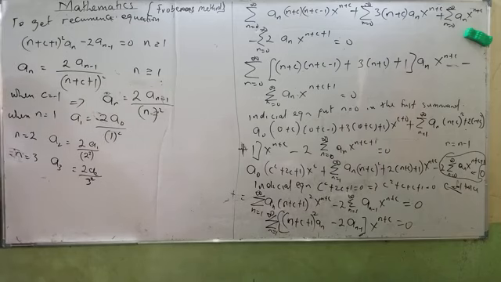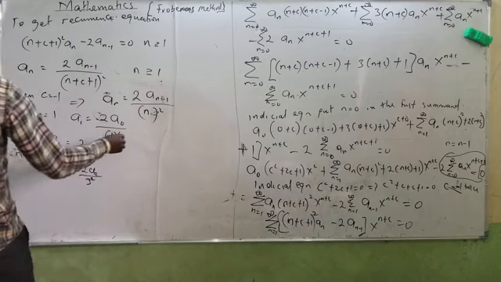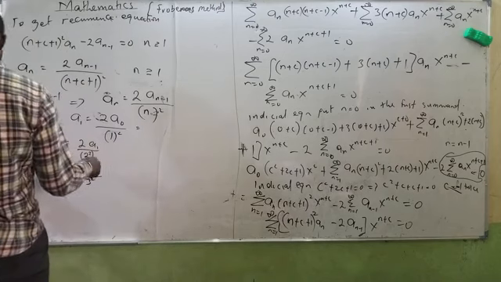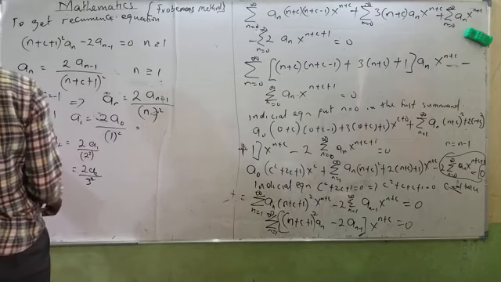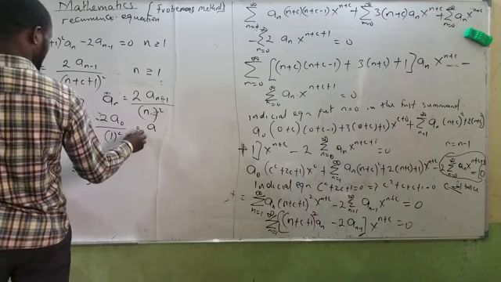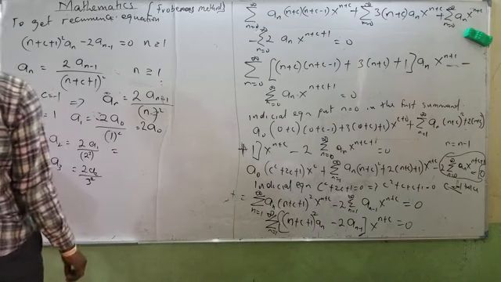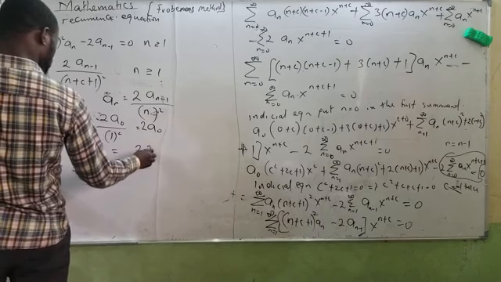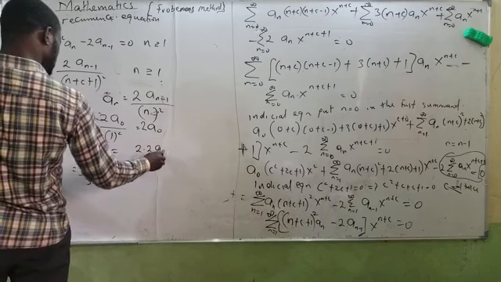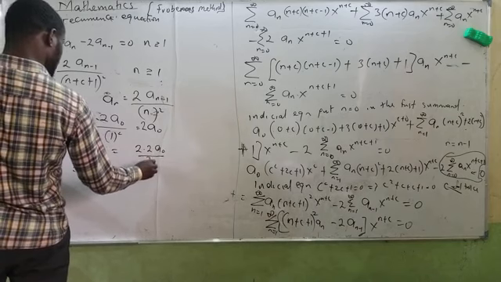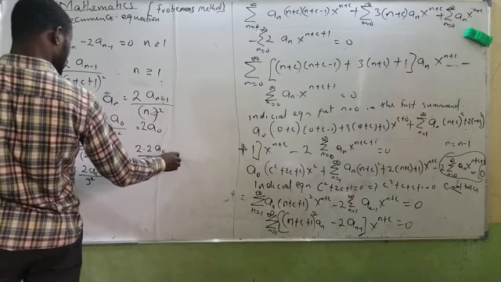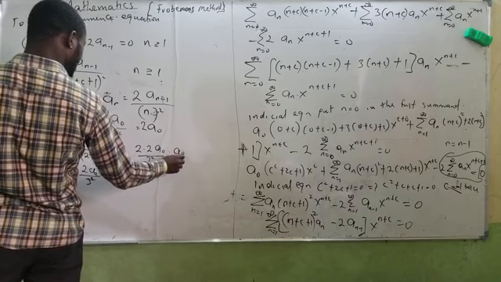Now, by implication, this one will be my a naught, 2a naught. By implication, this one will be 2 times 2a naught all over 2 squared, which equals a naught.